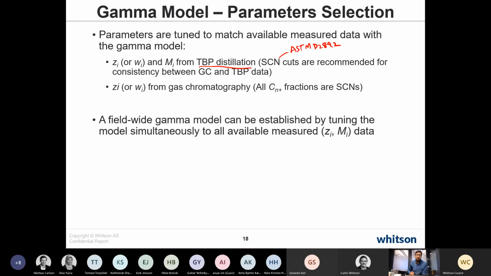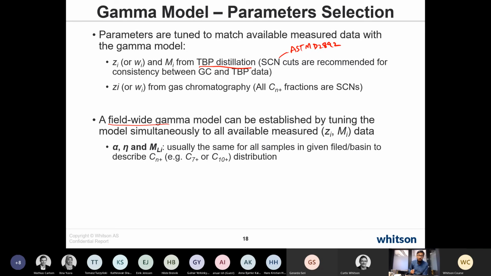The way we do it, if we have these kinds of data, is we generally tune this field-wide gamma distribution model with the alpha. And the shape factor, the bound, and the lower molecular weight for each carbon number are usually the same for all the samples.